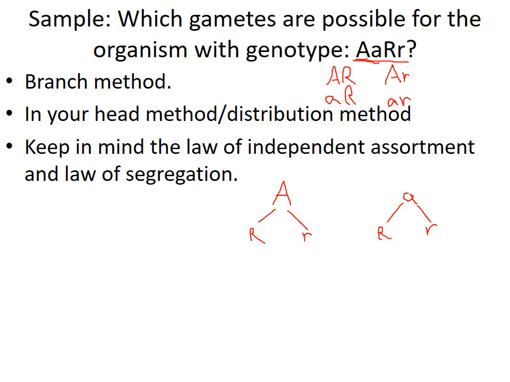In reality, this is similar to the distribution method or in your head method. It's just more visual. So that would end up with big A big R, big A little r, and then little a big R, and little a little r, just like that. And so you should be able to do this for any genotype that's given to you, dihybrid, trihybrid, whatever hybrid, but we're going to focus on dihybrid.